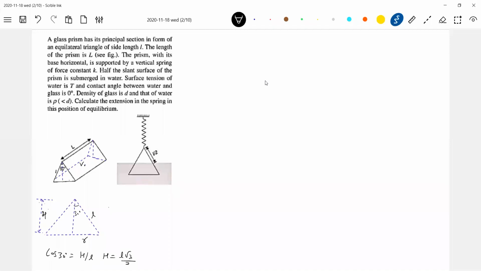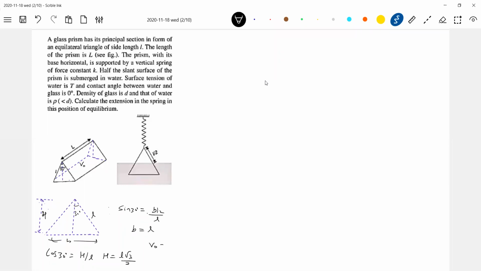The volume of the prism V naught should be equal to half into base length. Let me find out the base length also. Sine 30 is equal to B by 2 by L. So B is equal to L.